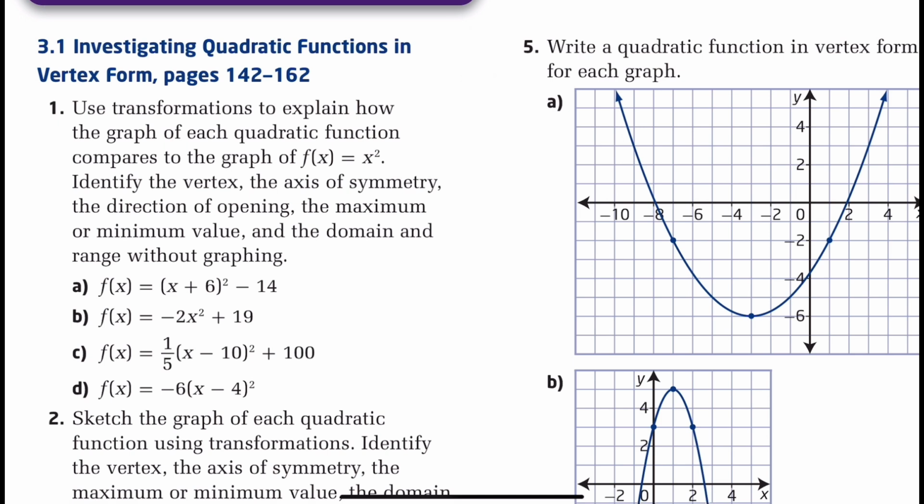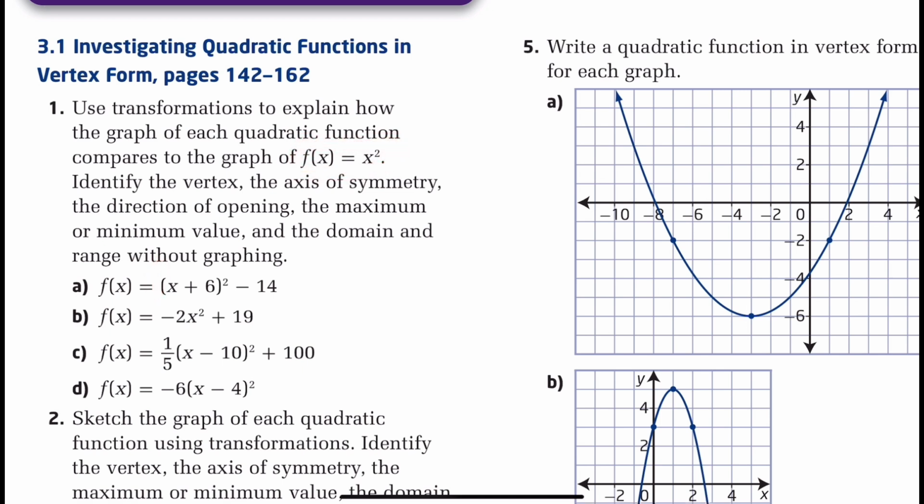So for the first one, our a is 1. So the original graph x squared was not deformed by any value, negative or positive or between 0 and 1. Our a is just 1, so we have the same graph.